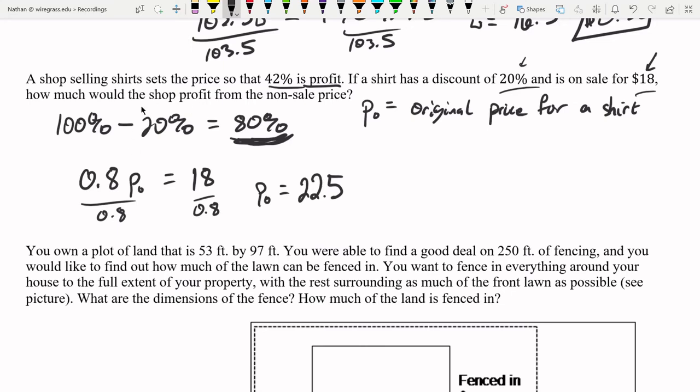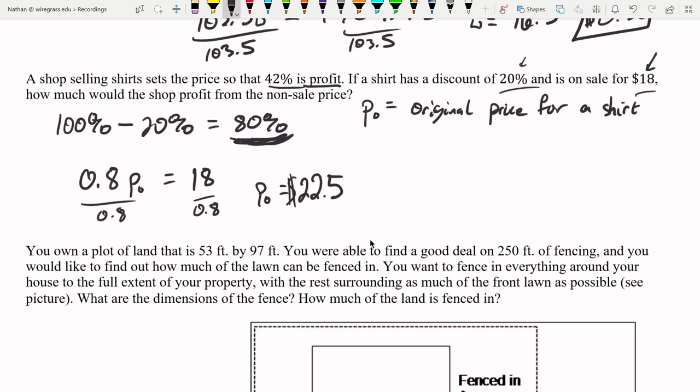So if I take off that 20% from the 22.5, which is the whole price, I get 22.5 minus 4.5, which is $18, and that is 80% of the original. So my math checks out that this is the correct original price.